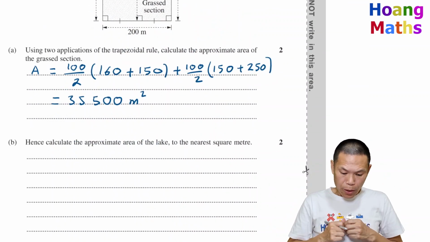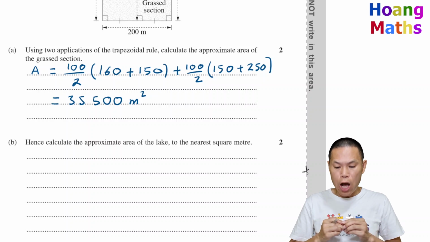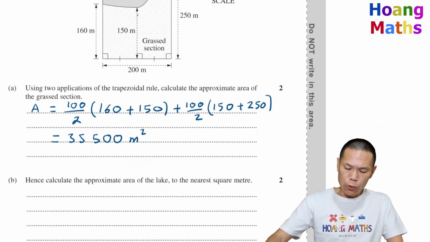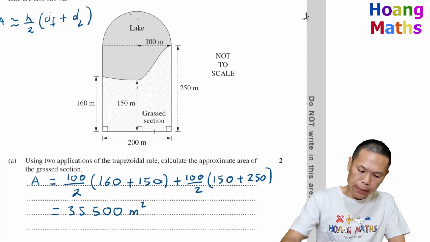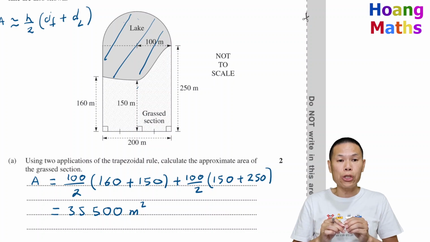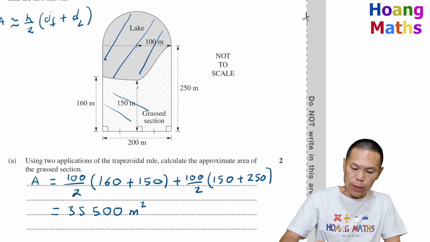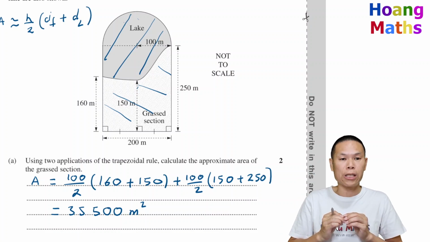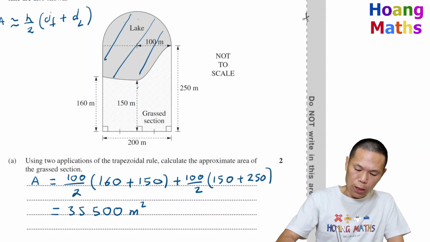Part B. Hence, calculate the area of the lake to the nearest square meter. So we need to work out the lake in this area here. What I do is find the area of the whole section, then we just minus this out. It's easier because we already worked out the area of the grass section, okay? So let me just clear this first.